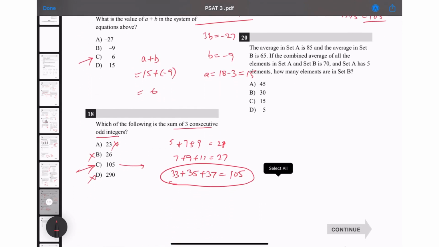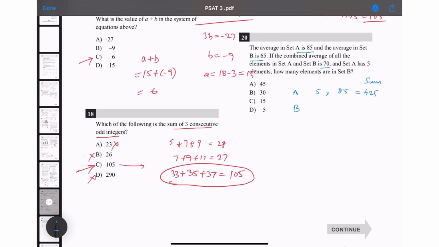Then the next question, the average in set A is 85 and the average in set B is 65. Combined average is 70. Set A has 5 elements and average is 85. So the sum is 5 times 85 gives you 425.